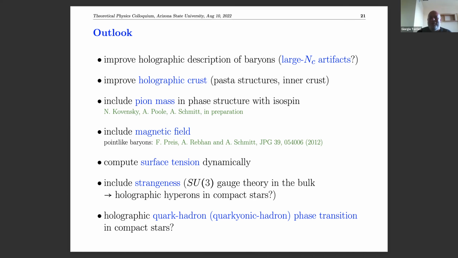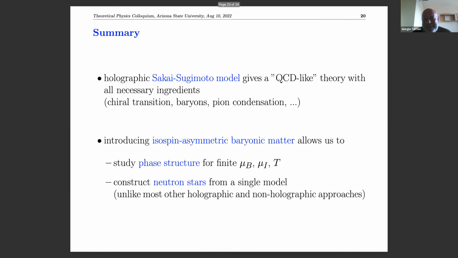Since you mentioned quarkyonic matter, and of course you said that this finite high density stuff is particularly bad at being described at large NC. No, not holography, large NC in general. You have crystals and you have huge binding energy and stuff like that.